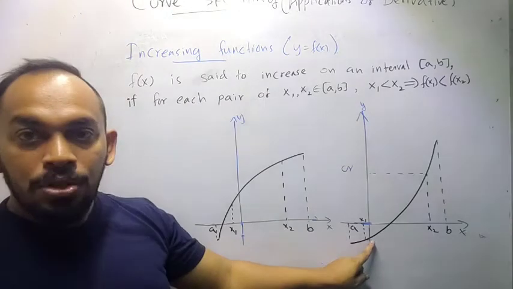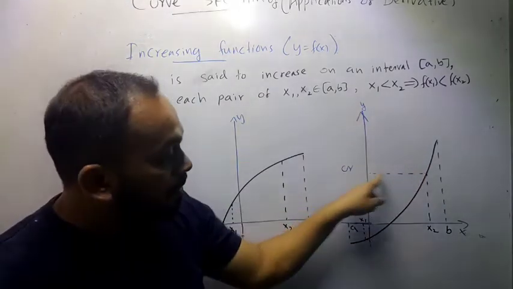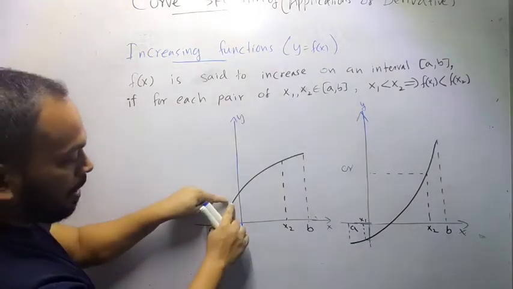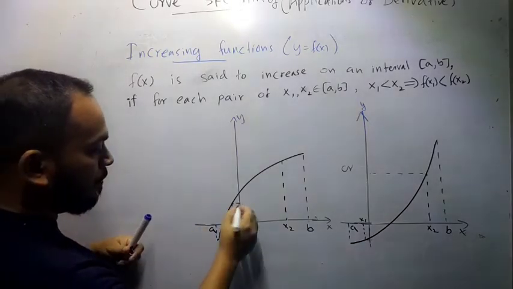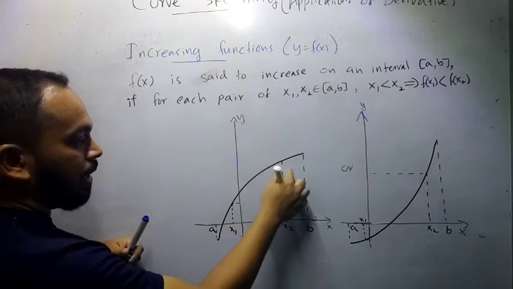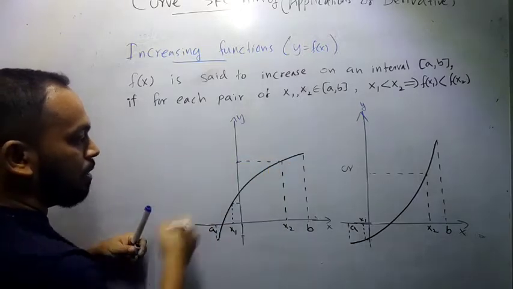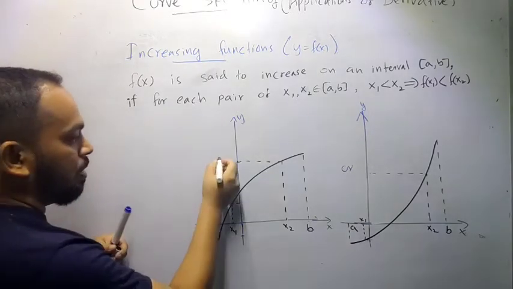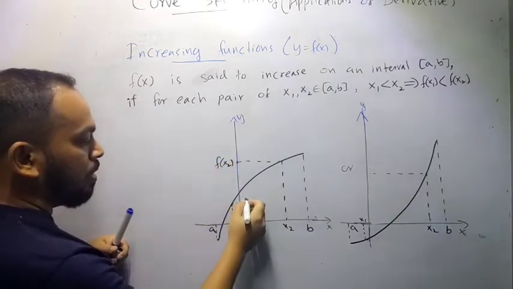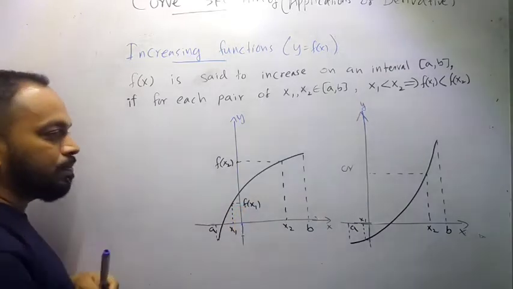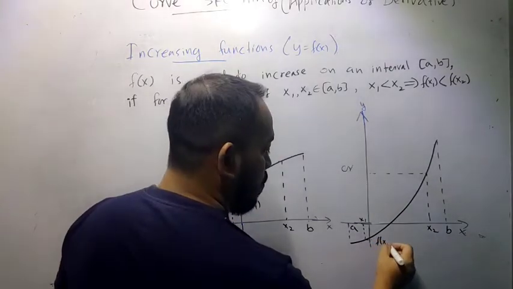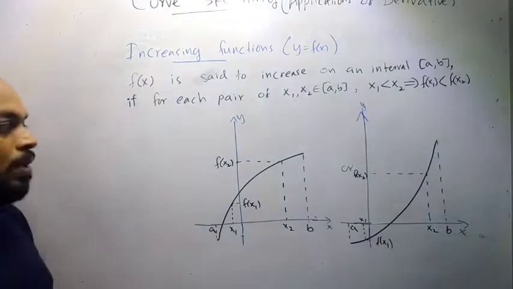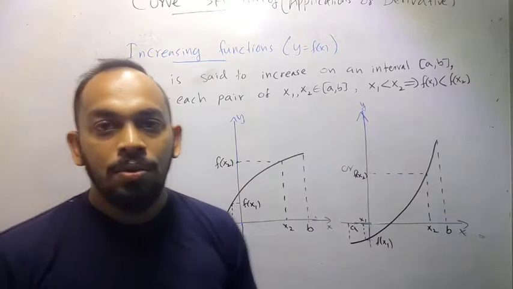The y coordinate of the function here is less than the value of the function here. Same thing, this would be the value of the function at this point, and the value of the function at this point would be this. Obviously this point is greater than this point, so this is f of x1, and this would be f of x2. So this is how we can say whether the function increases or decreases.